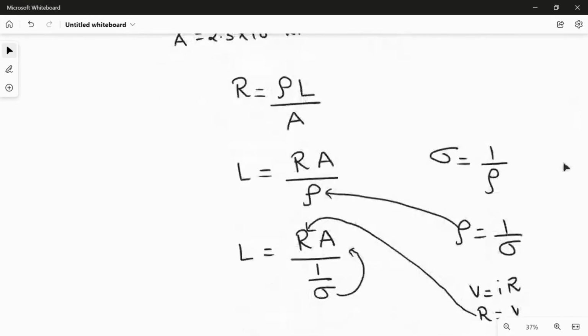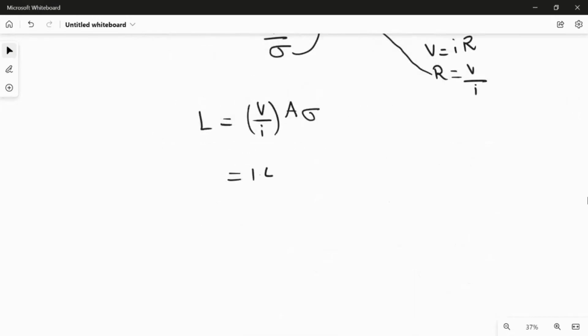So voltage is 1.4 multiplied with the cross-sectional area 2.3 multiplied 10 power minus 6, and the conductivity value 2 multiplied 10 power plus 6, over the current, 5.5 ampere.